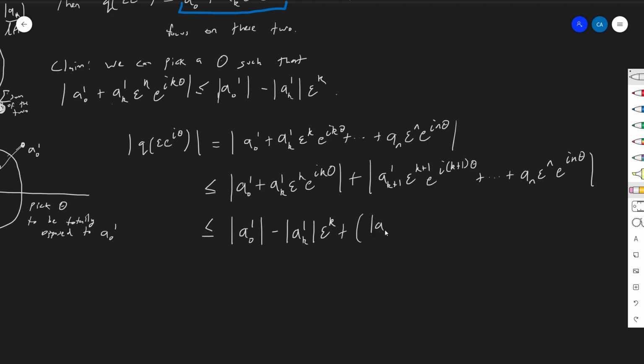This is going to be magnitude a sub k plus 1 prime epsilon to the k plus 1, and these e to the I terms are all just 1, just like before. And then I get absolute value a sub n epsilon to the n, and then that's closed, and that's that.